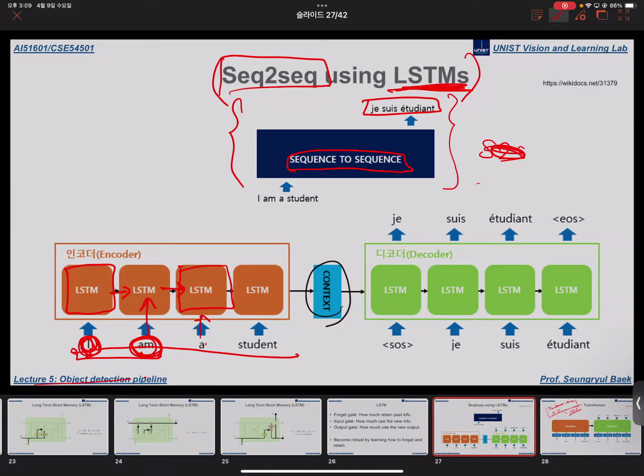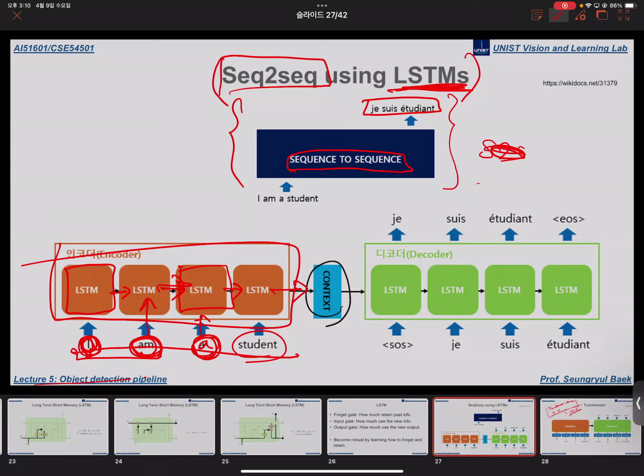Here they also encode a three-word feature by combining this "A" feature with the previous layer's feature. And we also take the final word and make it into the feature vector. That's how this encoder is working.